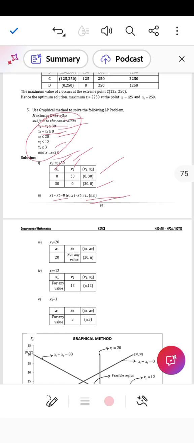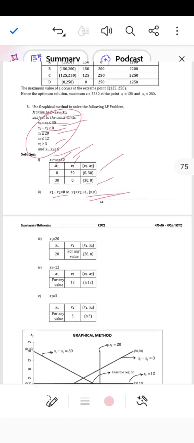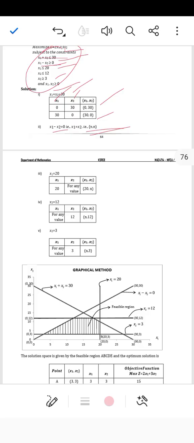In a similar manner we mention all the regions. Next, x2 greater than or equal to 3.